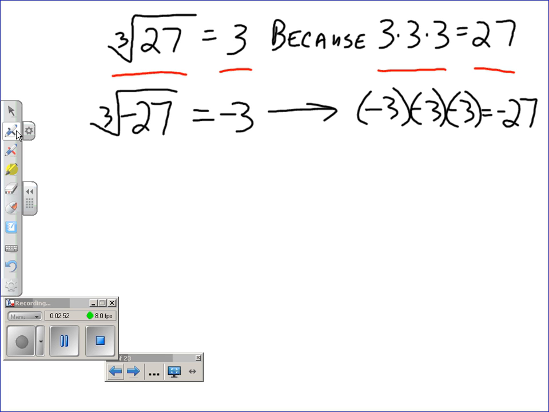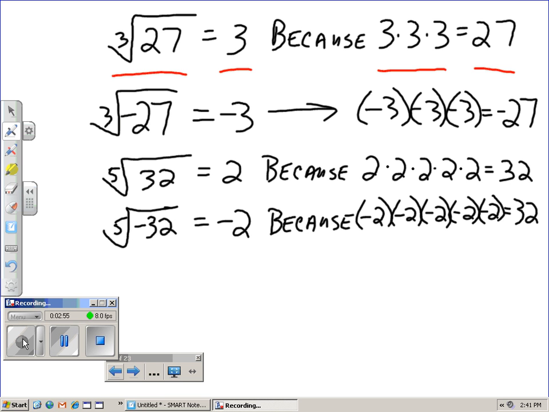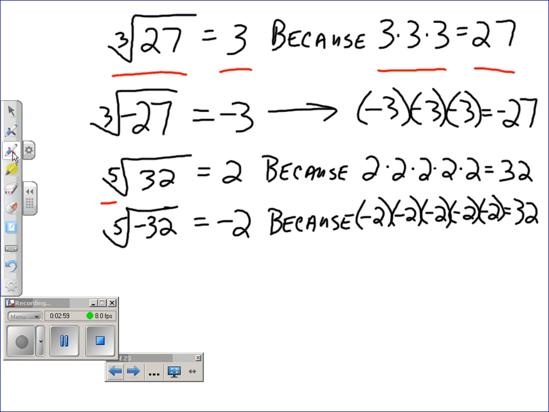For that reason. All right, following that same line of reasoning, if I was talking about the fifth root of 32, I'm asking myself what number used 5 times gives me 32? Well, that's 2, because if I take five 2's and multiply them all together, I get 32. So we say the fifth root of 32 is 2.